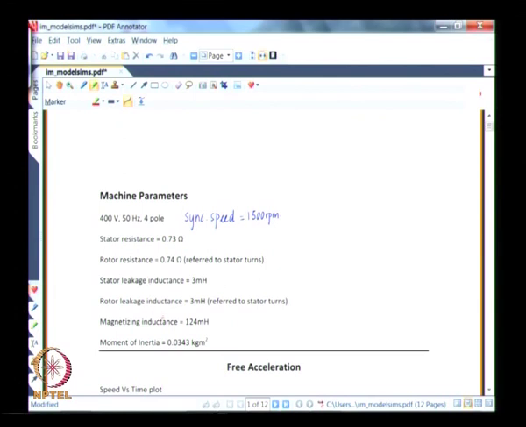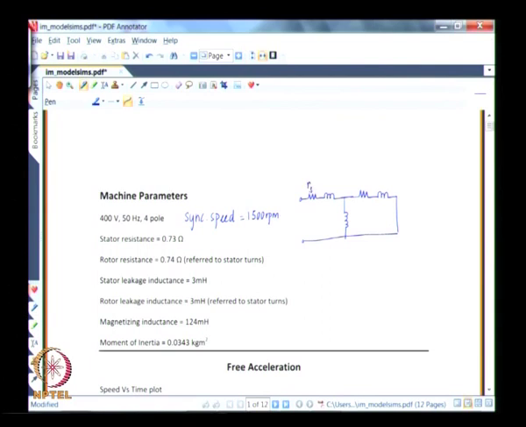Note that from the data that are given, you can straight away draw the equivalent circuit. If one were to draw the equivalent circuit, what it would look like is a stator resistance and then a leakage inductance, the magnetizing inductance, and then the rotor resistance value, the rotor leakage inductance, and then the rotor side is short circuited because it is an induction machine.